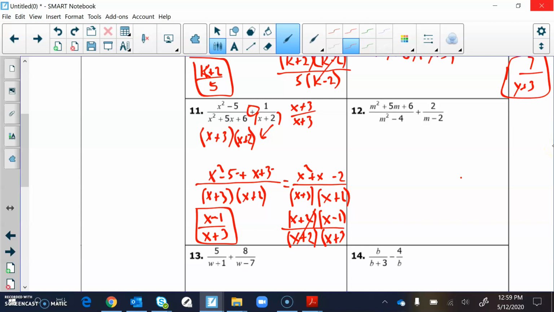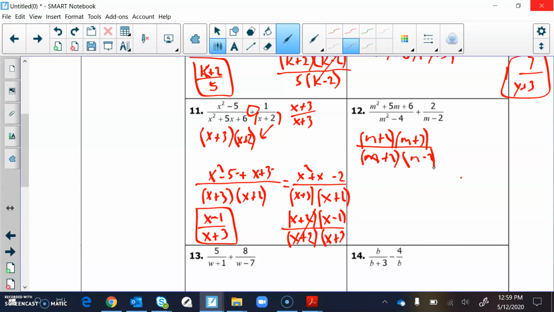Factor the numerator, factor the denominator, m plus 2, m plus 3 over m plus 2, m minus 2.